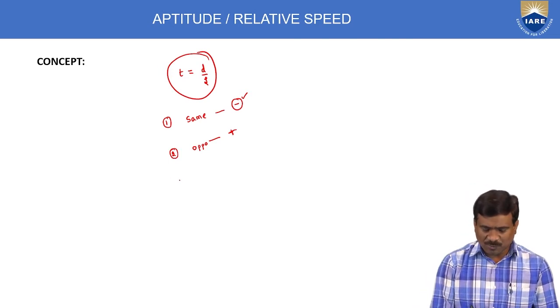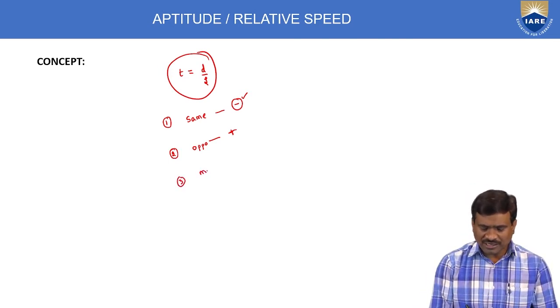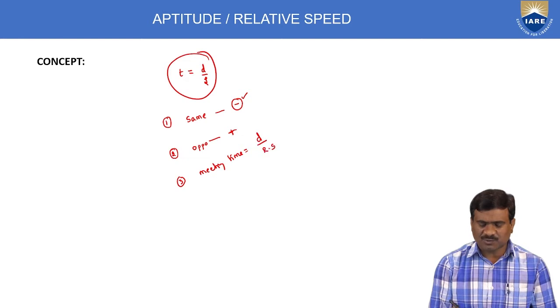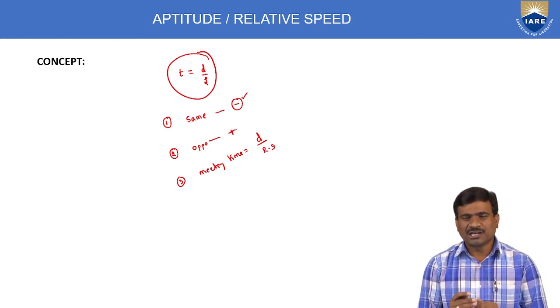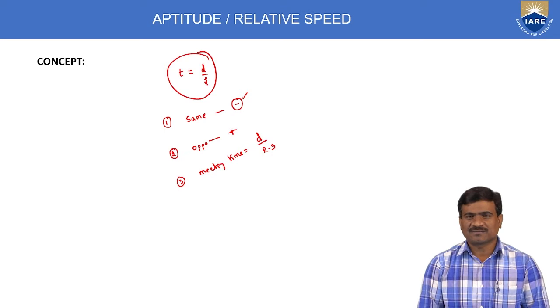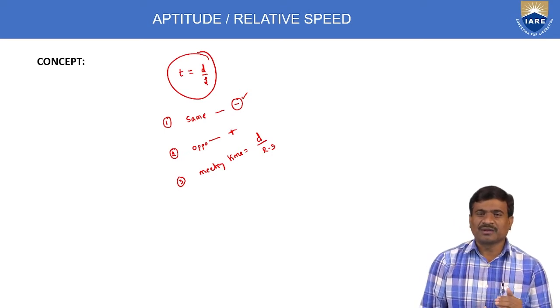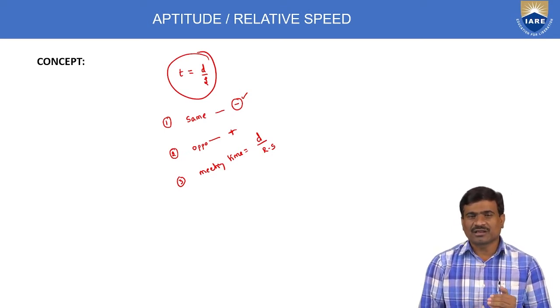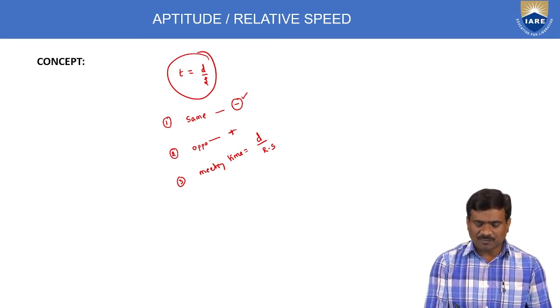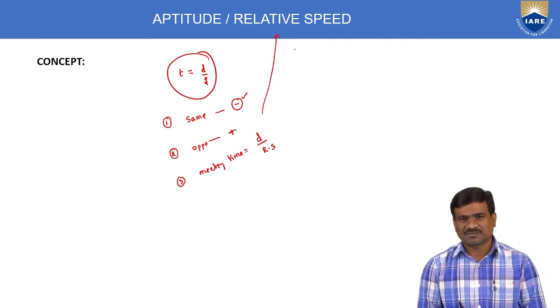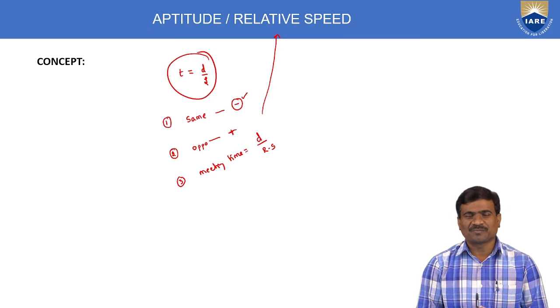Next, the third point: meeting time. Meeting time is equal to distance by relative speed. Relative speed questions either calculate meeting time or meeting distance. Meeting type questions belong to the relative speed concept. If you read the problem, two speeds are given.